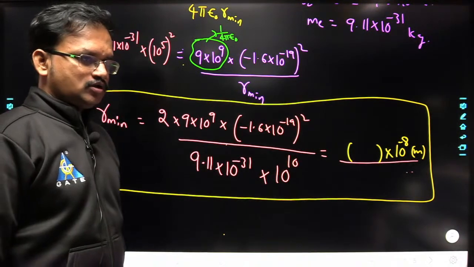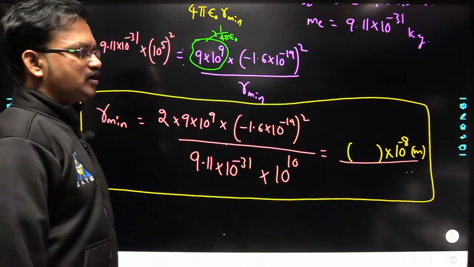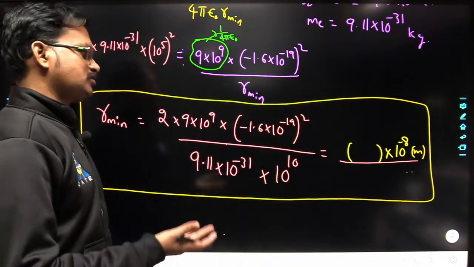I don't know, so please check that one. You have to get approximately 5.0678 or something like that.